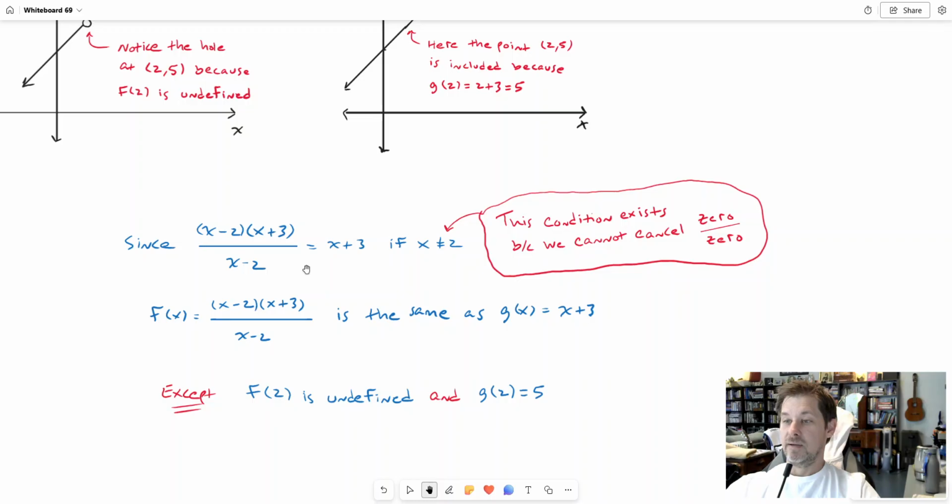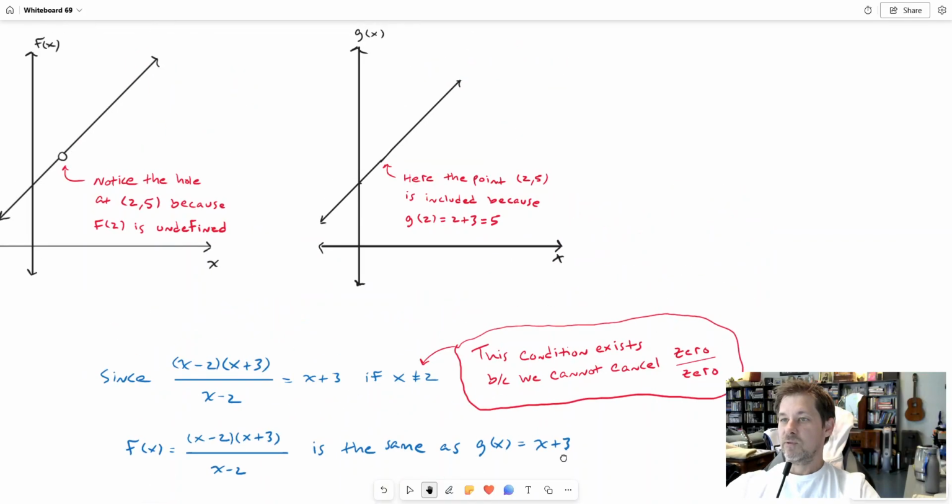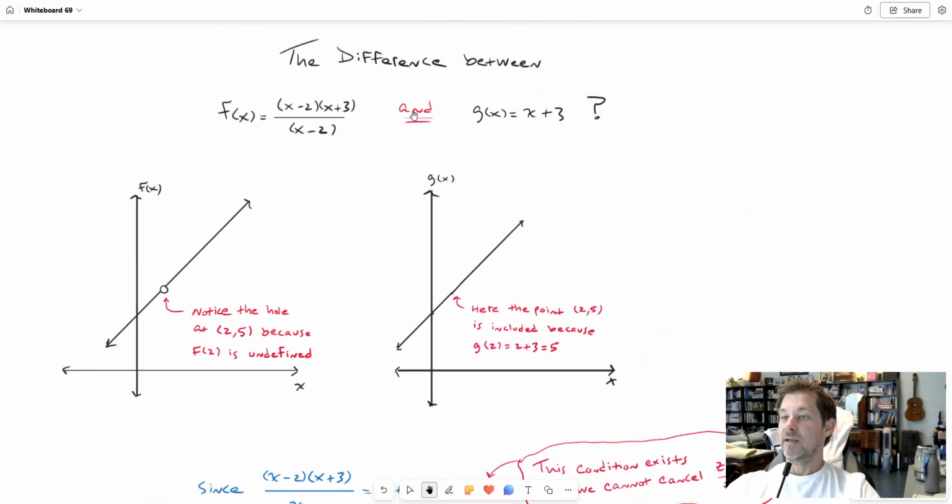So this function, f of x, is the same in every way as g of x, except this function is undefined at 2, but g of x is defined to be 5 at 2. That's why their graphs look identical, except for this one having a hole where x would be 2 and this one not.